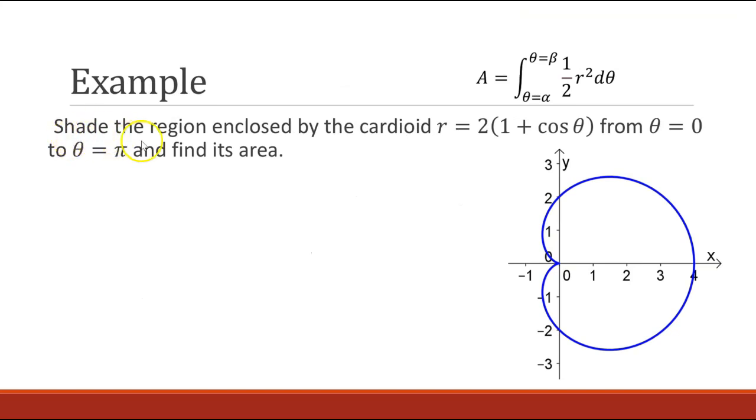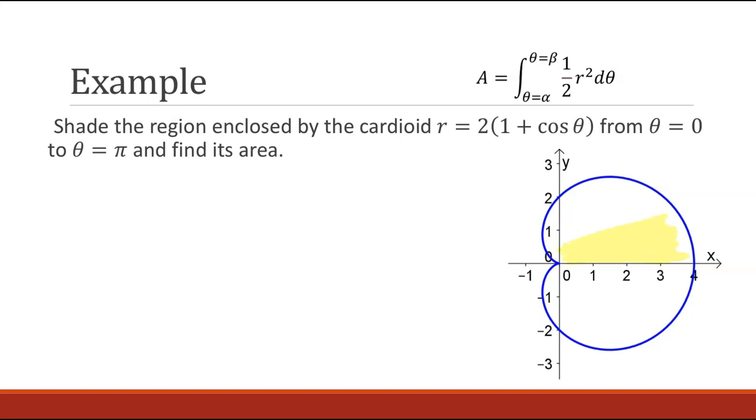In this example, we want to shade the region enclosed by the cardioid r equals 2 times the quantity 1 plus cosine theta from theta equals 0 to theta equals pi, and find its area. So here the polar curve is graphed, and the region enclosed by the polar curve from theta equals 0 to pi is going to be the part on top of the x-axis.